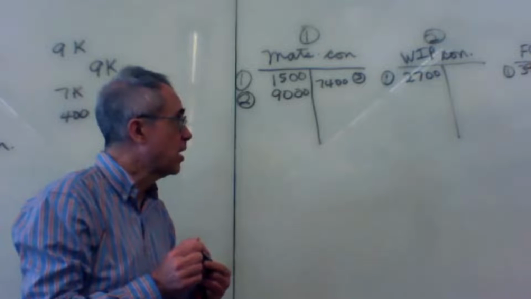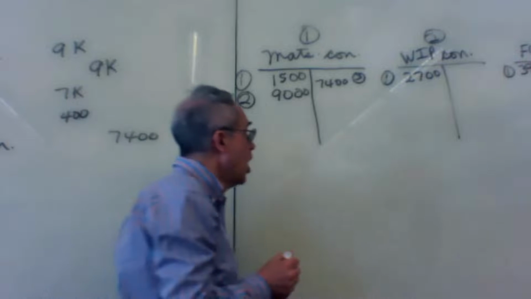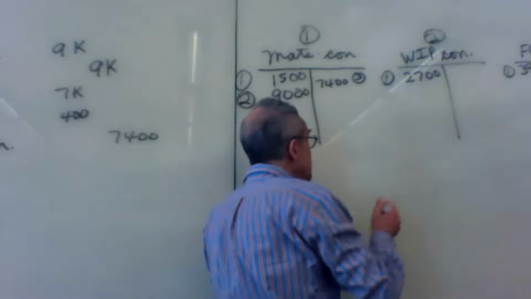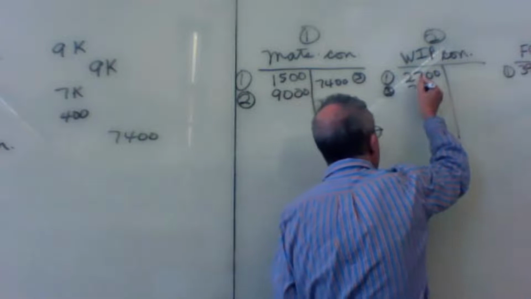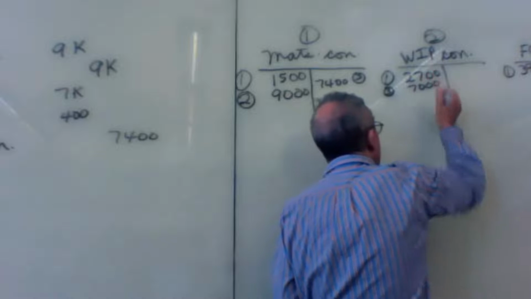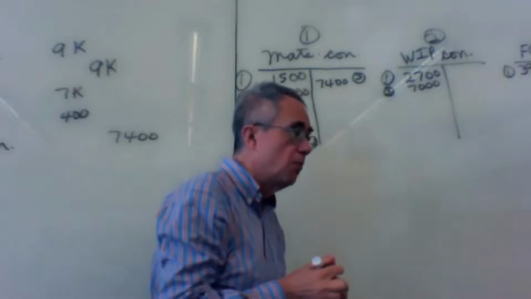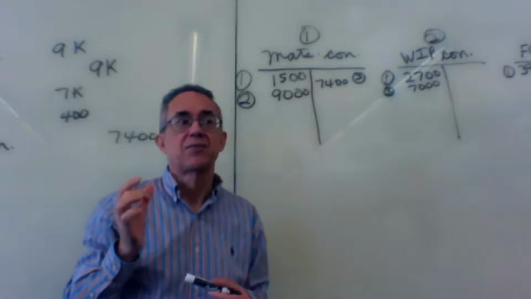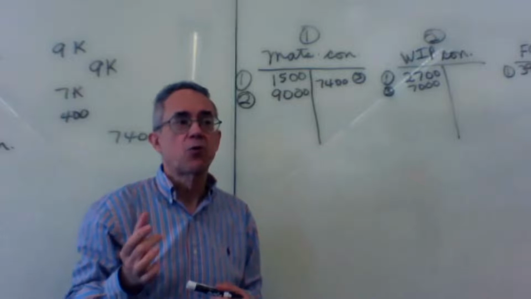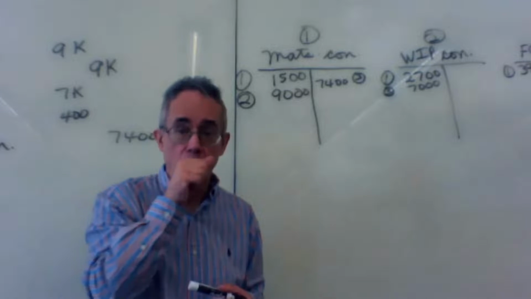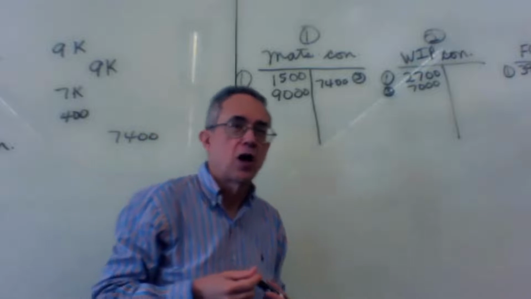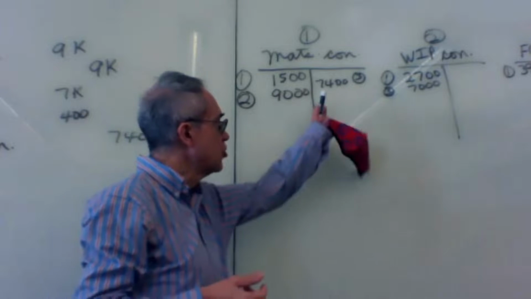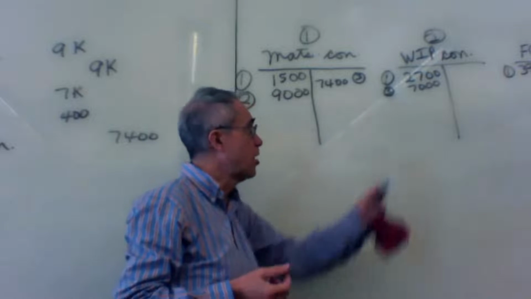I just took 7,400 out of there. It's going to go two places. One place will be 7,000 to work in process control. That way we've traced the exact amount of direct materials we used to work in process, like any other direct cost. So it just flowed along to work in process control.